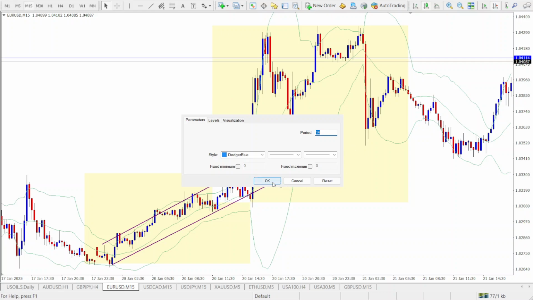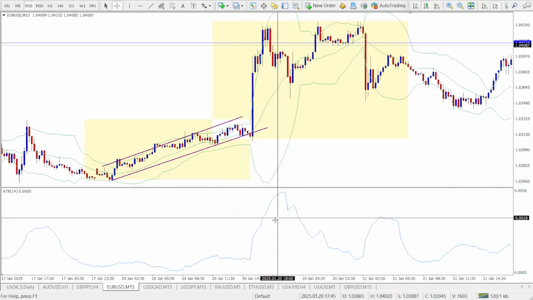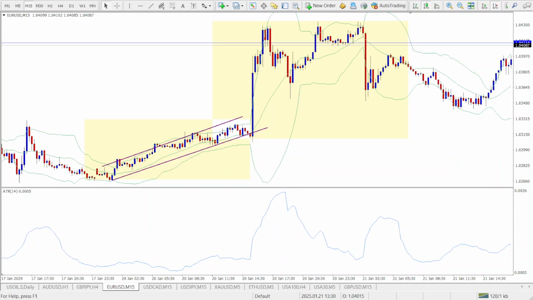So this is the ATR indicator, the Average True Range indicator. This measures the average price range over a specific period. Okay, so a rising ATR suggests an increase in volatility. As you can see what happened here, as we had an increase in volatility around here, you can see how the ATR rose. Okay, so this could lead to price expansion when you have the ATR rising.